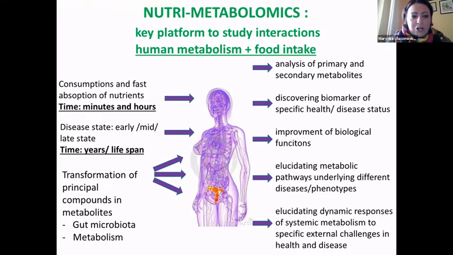You can measure and monitor the consumption and absorption of nutrients within several time frames, like minutes or hours. You can also follow them over years or even an entire lifespan, checking these interactions and the impact of food intake and dietary patterns.